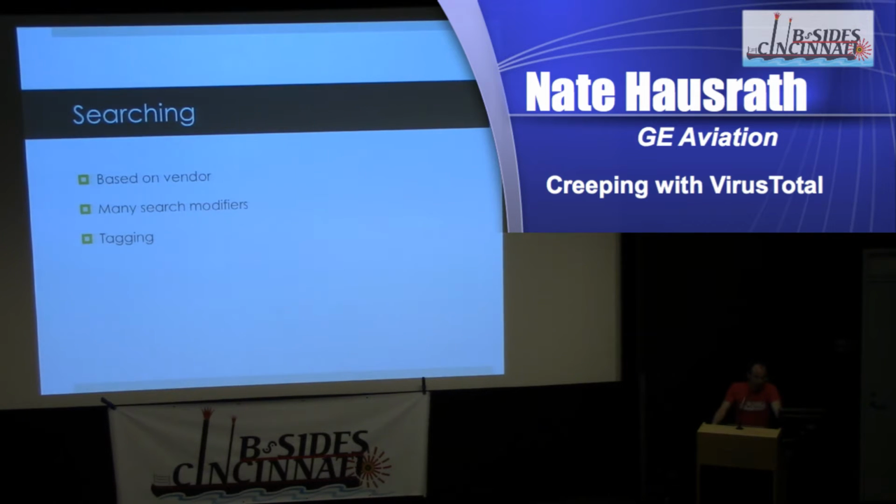Let's see, many search modifiers. Tagging, they tag a lot of things. So one tag would be like CVEs. So CVEs are your vulnerabilities. So say like the Microsoft Word CVE 2014, like 176 or something like that.